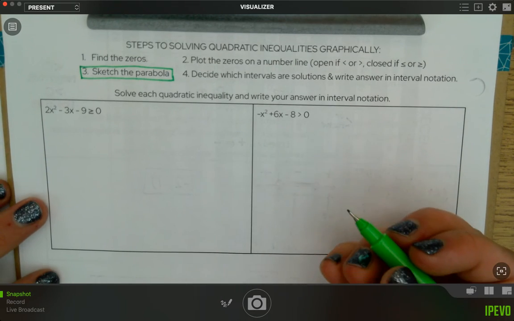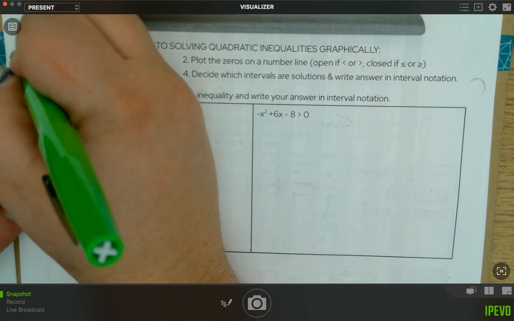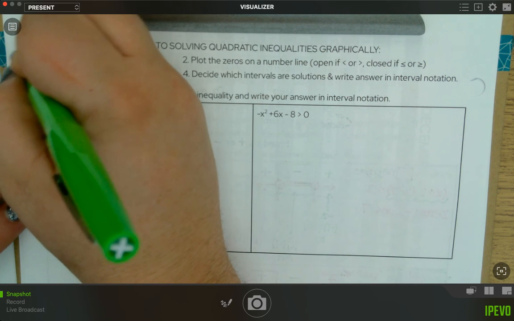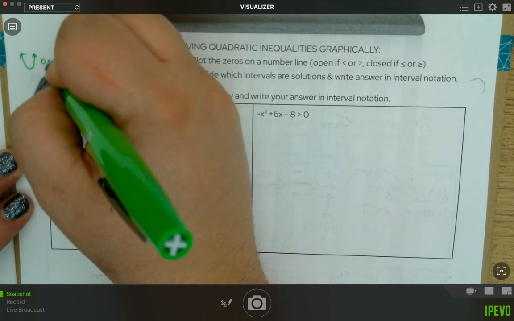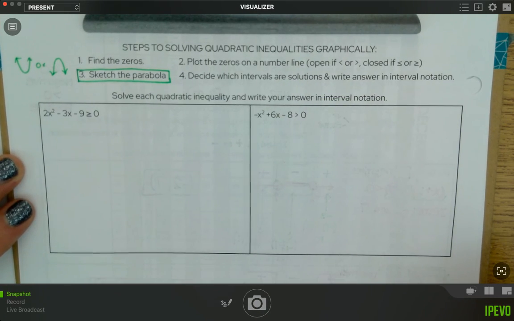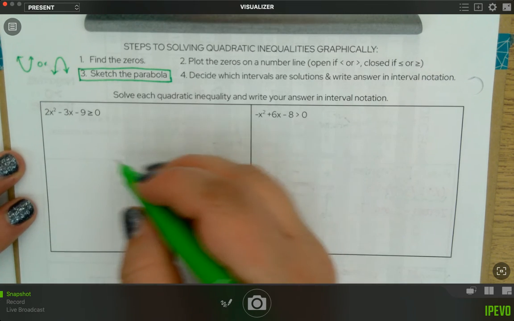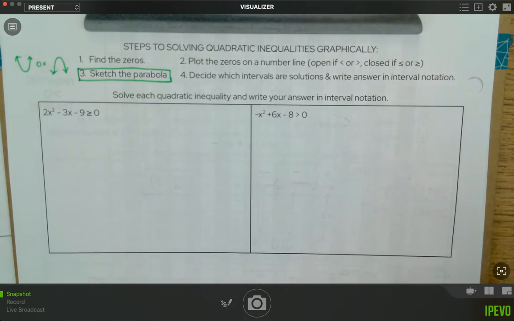Okay? And this basically means that it's going to go up or down. That's basically what you need to decide. Okay. And I'll explain how to do that down here. I'm not going to write it out though, because it looks more confusing if you try and write it out in words.